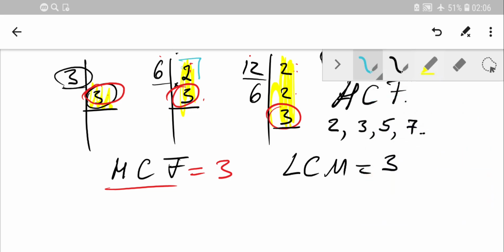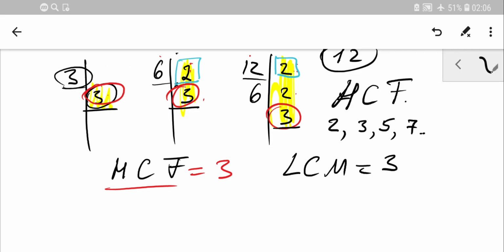So, for example, 2, it's sort of unique because you can barely find 2 here. But it's also here. So that's why you don't include 2 twice. It just includes one time 2. So you include 3, you include 2, but because it's repeating twice, you include only one time.